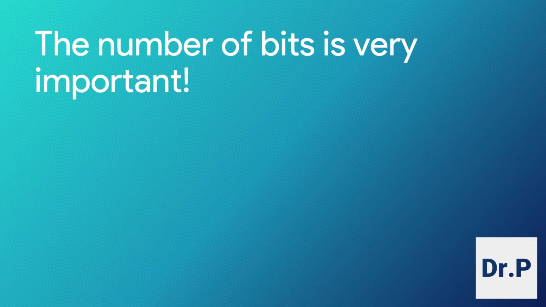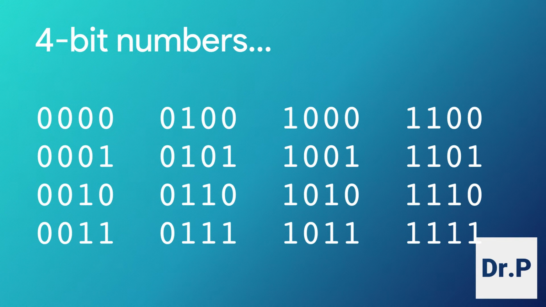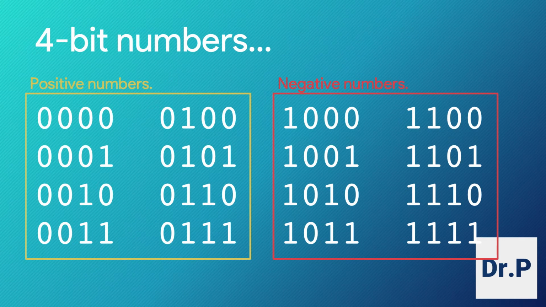The number of bits that we're working with sets a limit to the maximum and minimum values that we can express. That's also a limitation in unsigned numbers, but it's even more so a limit in signed numbers. So let's say that we're working with 4-bit numbers. All of the 4-bit binary numbers are written down here. You can see that only the numbers 1 through 7 have a 0 in the sign bit location. I'm kind of including 0 here, but 0 is a strange number, and it's not really positive or negative. It's just 0.